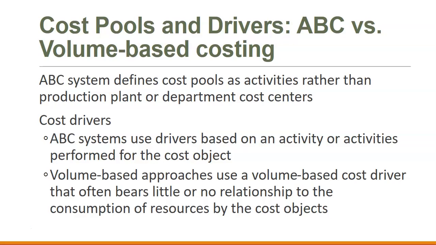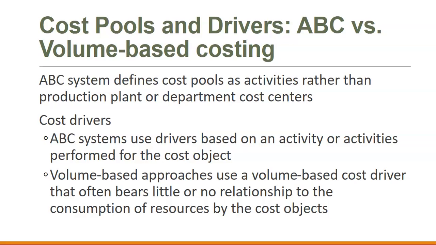So how do we decide? Well, in the activity-based costing system, we define cost pools as activities rather than production plant or department cost centers. So instead of having the processing department and the packaging department, which give us departmental rates, we actually have different activities. We might have a setup activity or a packaging activity.